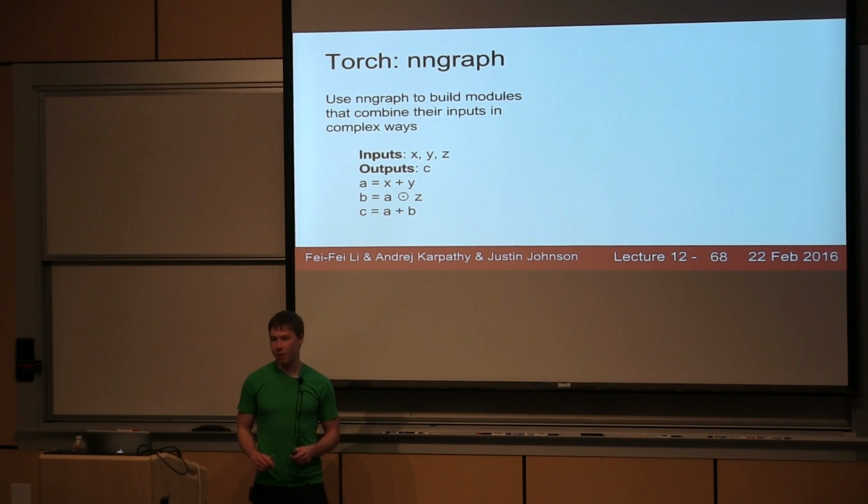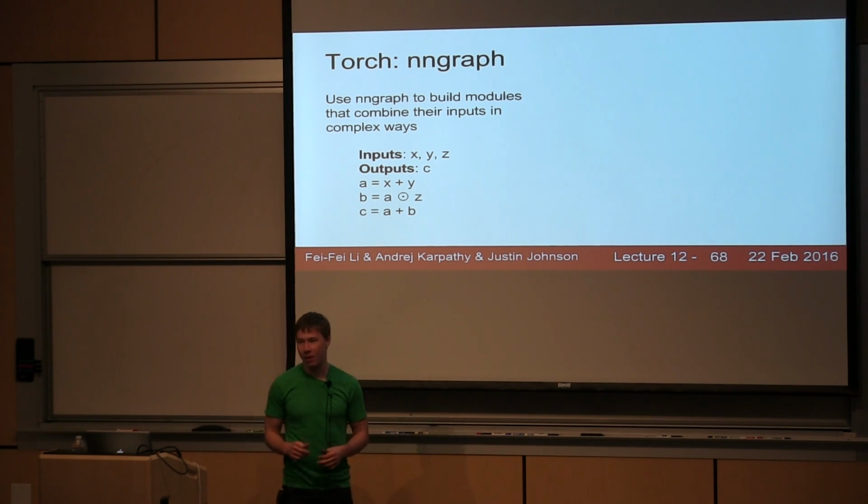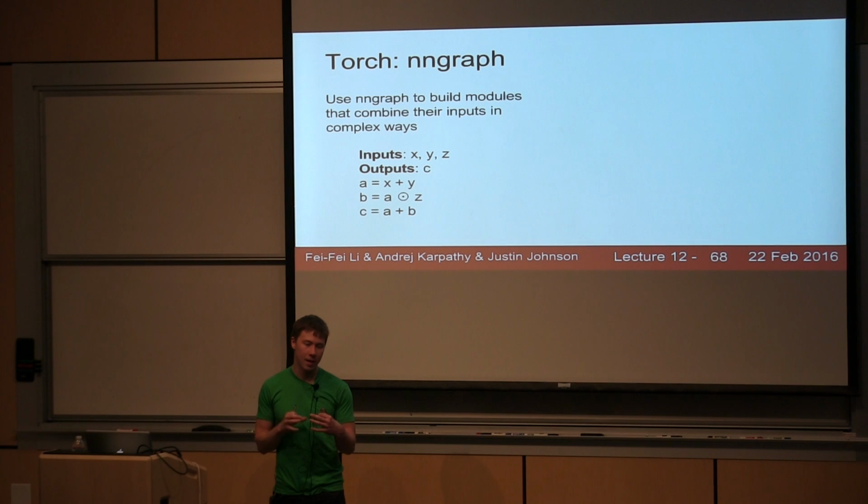But when things get really complicated, those containers that I just told you about should in theory be possible to implement just about any topology you want, but it can be really hairy in practice to wire up really complicated things using those containers. So Torch provides another package called nngraph that lets you hook up things in more complicated topologies pretty easily. So here's an example.